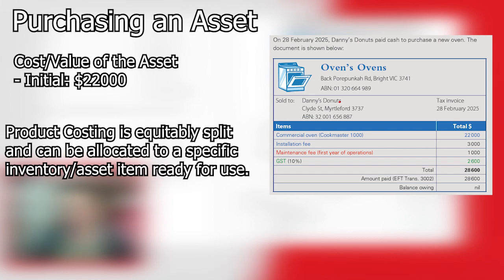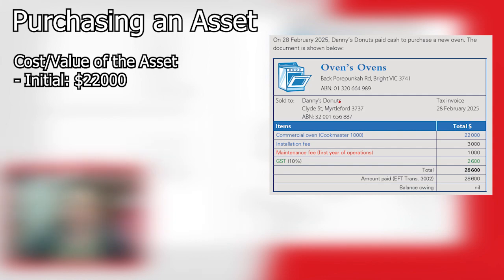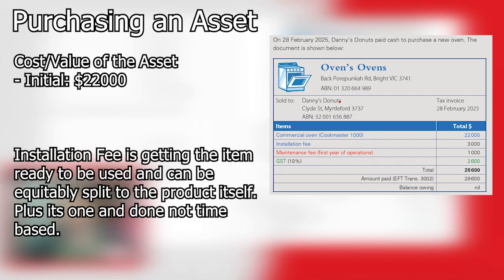Meanwhile, period cost cannot be equitably split. It must be its own expense. Normally, items that are time-based belong here. Now, if we look at both items, we can see the installation fee installs the oven, getting it in a condition to be ready, but it's just for that oven.